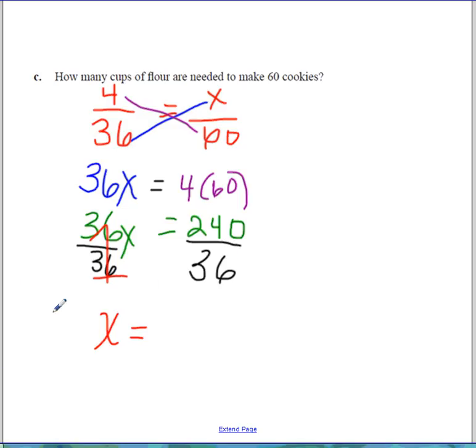It doesn't come out evenly, so let's write it as a mixed number. We have 6 and 2/3 cups. If you type in your calculator 240 over your fraction bar 36, it will give you 6 and 2/3 cups.